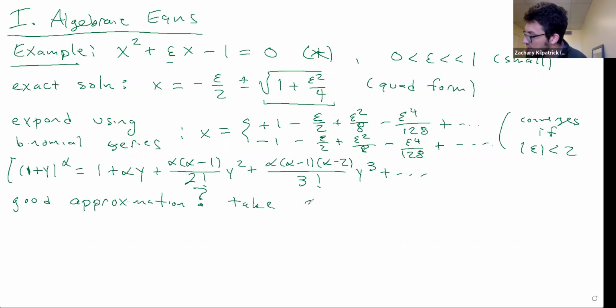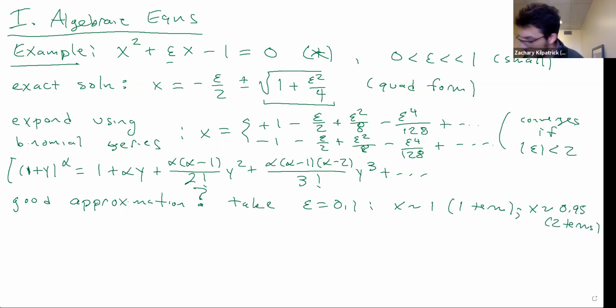Well, if I just take epsilon equals 0.1, then what do I get for each term? Well, x is approximately 1 if I just take one term. x is approximately 0.95 if I take two terms.